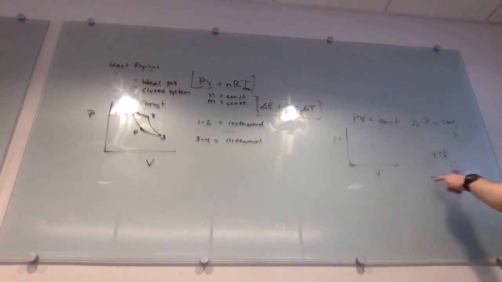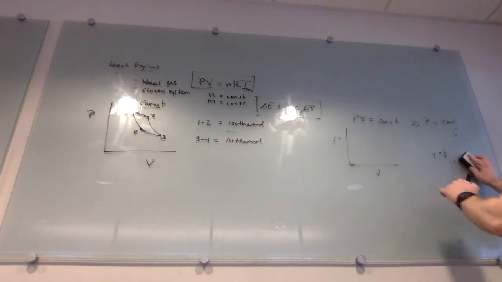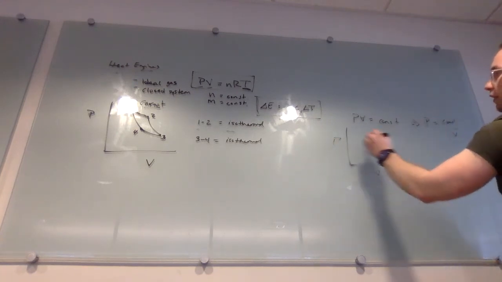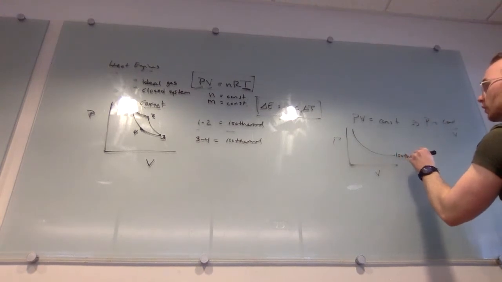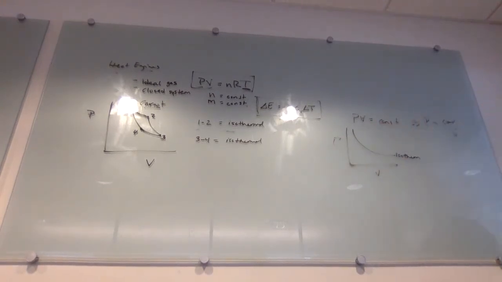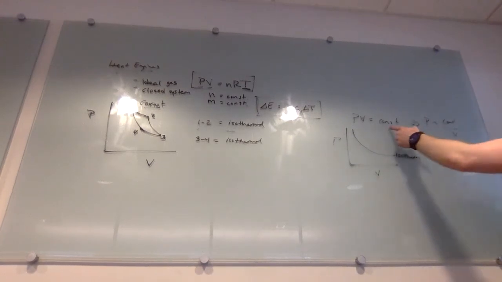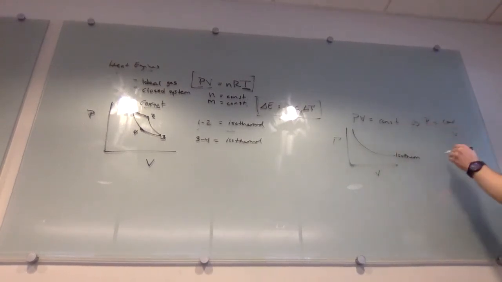Of course, this side is negative volume and negative pressure, which doesn't make any sense, so we don't actually have negatives here. Anyway, that's why isotherms look like this. So this is an isotherm. PV is constant. So that's those two. Now, of course, if you change the constant, this is like Y equals 1 over X, but then Y equals 2 over X. What does 2 over X look like?